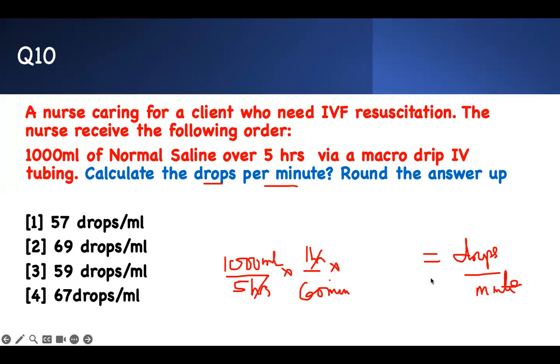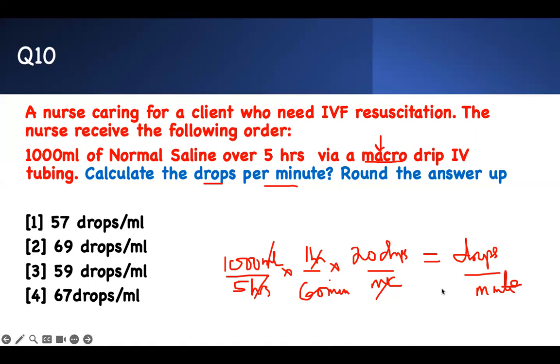Now we're going to use our drops. They say to use macro. Even though we know macro is big, it's actually the one that gives you smaller drops. So it's going to be 20 drops per ml. The ml cancel, and you're left with 1,000 times 20 drops over 5 times 60 minutes. That's all.